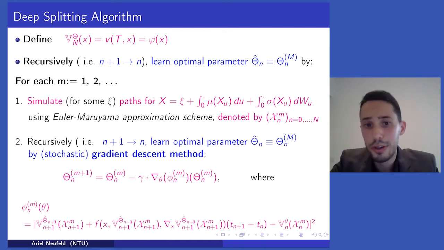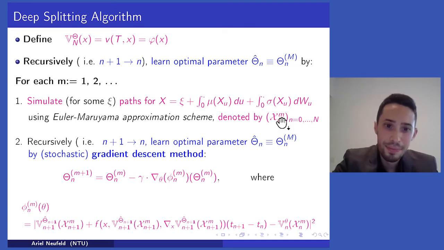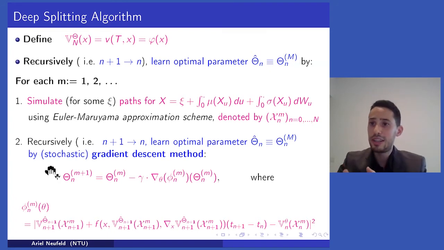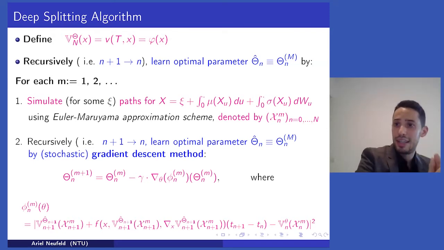From a computational point of view, you first simulate the paths of the corresponding SDEs, which you need for the Feynman-Kac representation. And then you recursively train all those neural networks for time Tn plus 1, then time Tn, then time Tn minus 1, then Tn minus 2, and so on.